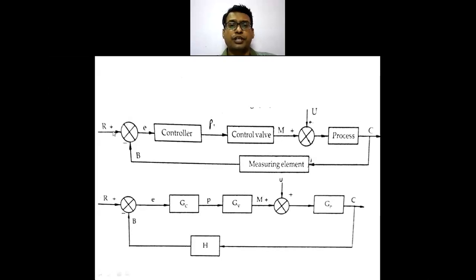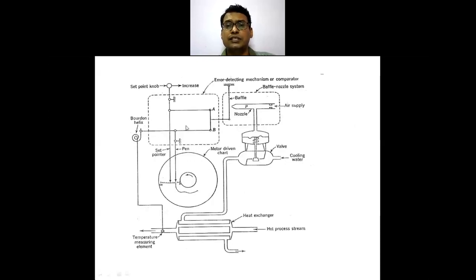A set point R and B, that is the measured value, is going to generate the error E. Similarly here also, depending on this set value and this measured value, it generates an error E. So this error generated adjusts the position of a baffle, and there is a nozzle.